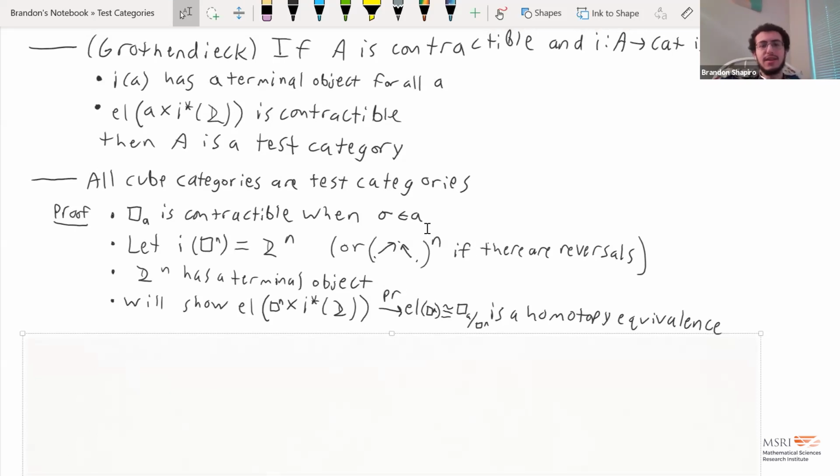I didn't get into it, but the idea is that if we have any functor with these properties, then you can prove the same thing for the canonical one that we used before. So the definition of test category still uses the canonical one, but you can show that this is equivalent.